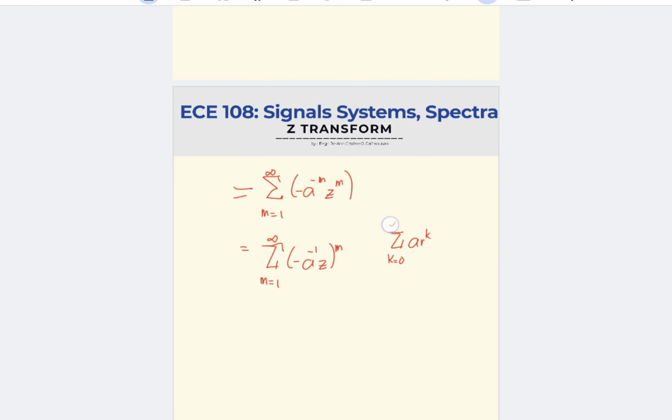Recall the geometric series, the sum of the geometric series. So A is the first term and R is the common ratio.